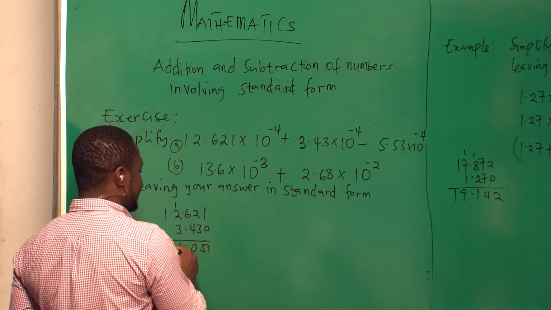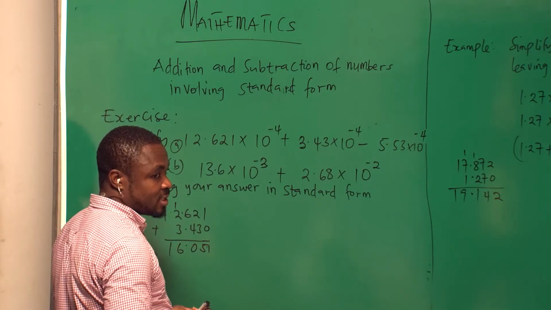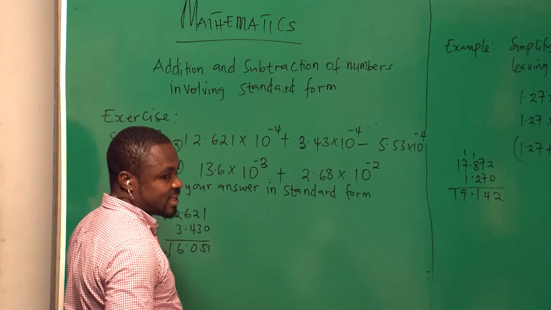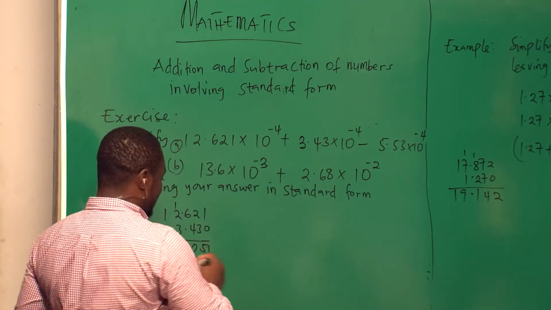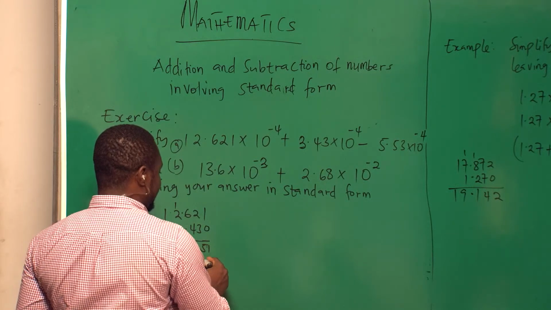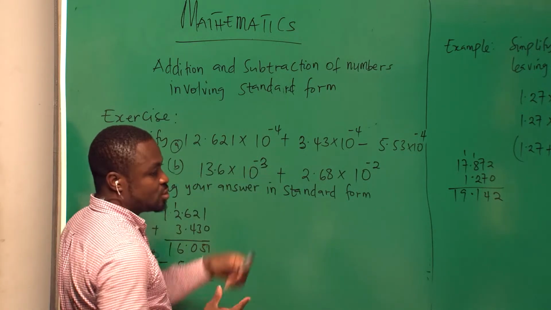Then 1 plus 0, 1. So you end up with what? 16.0. But remember the other side is negative. So you now subtract 5.53 from the sum of the first two.